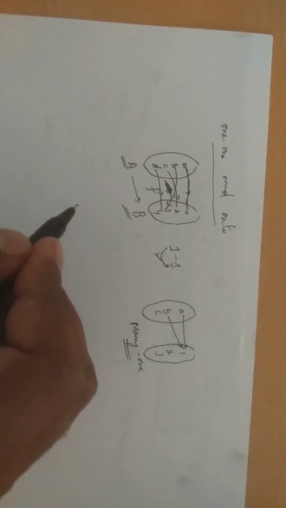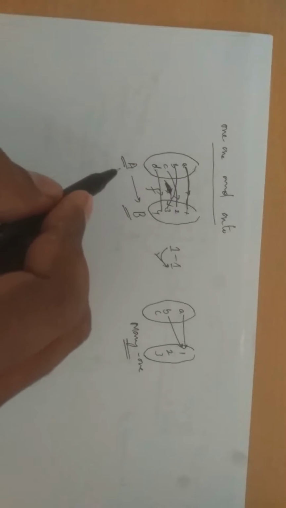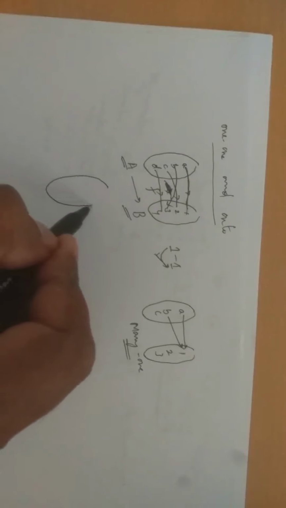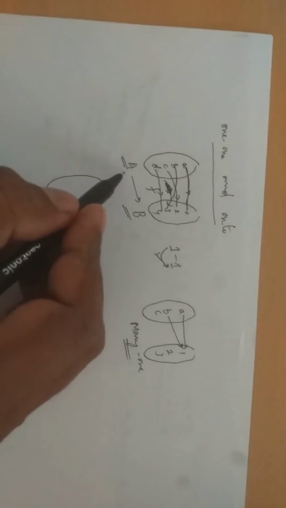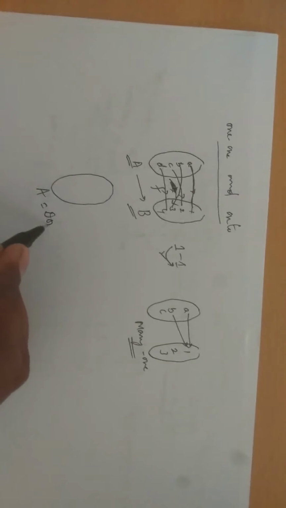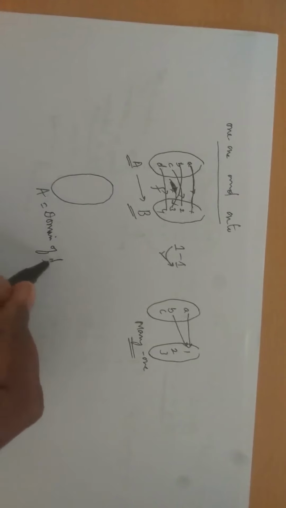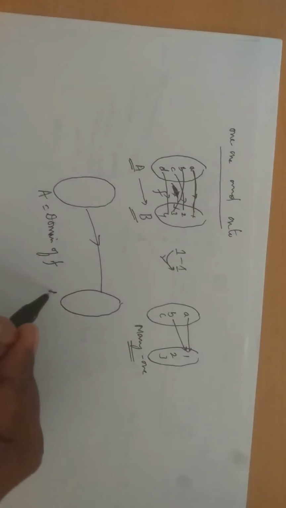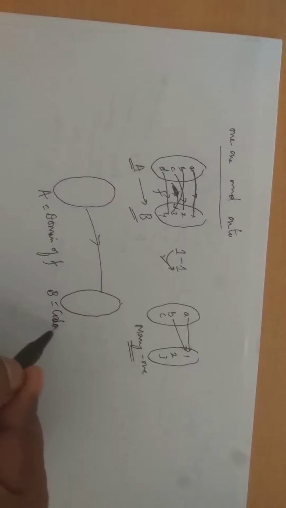Is it clear? So while defining the function, the first set, which I have written as A, is called the domain of the function. The second set, which is there once you define that function, is called the codomain.